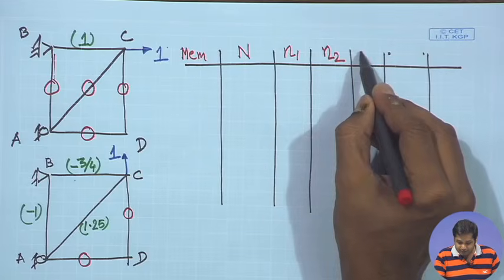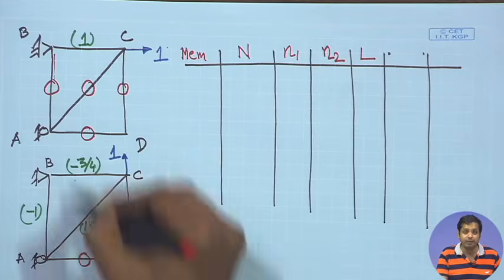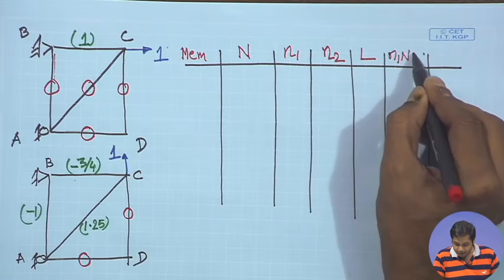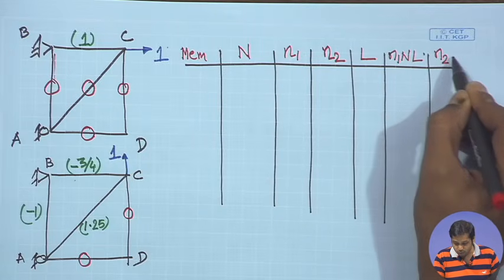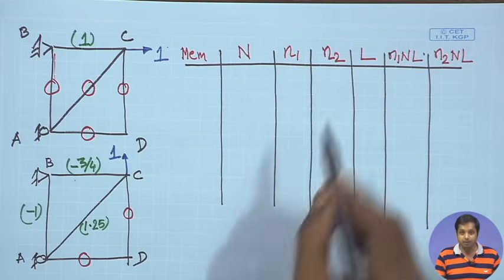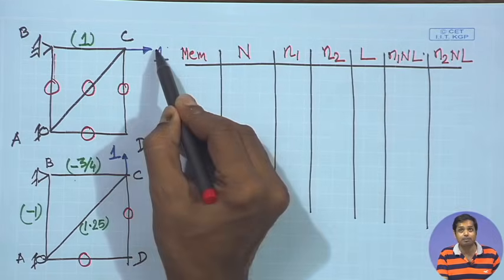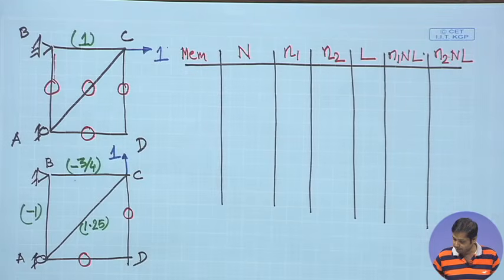And then this is the length of each member, and then this is N1 N L and this is N2 N L. So, this will give us this displacement and this will give us this displacement, okay.